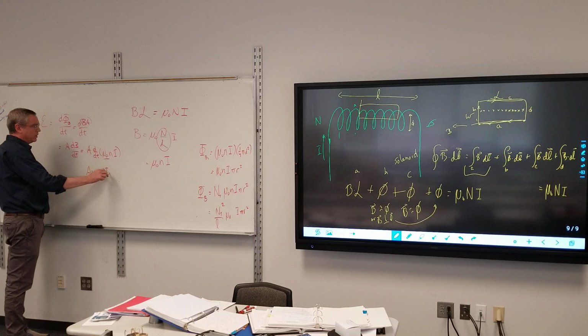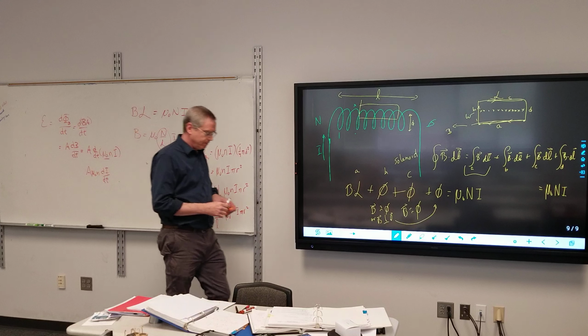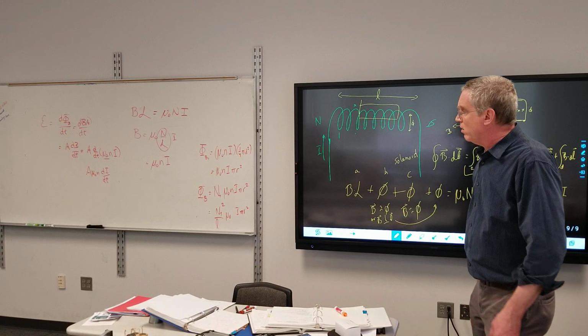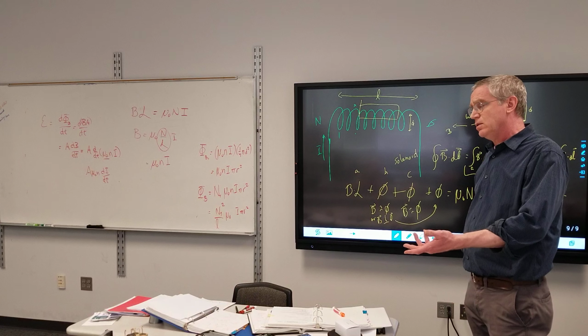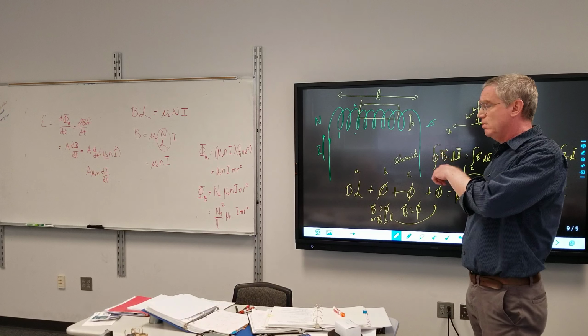And what we're left with is dI/dt. So as long as I have a current that is changing, which you do when you turn on and off, you are going to get an induced current.